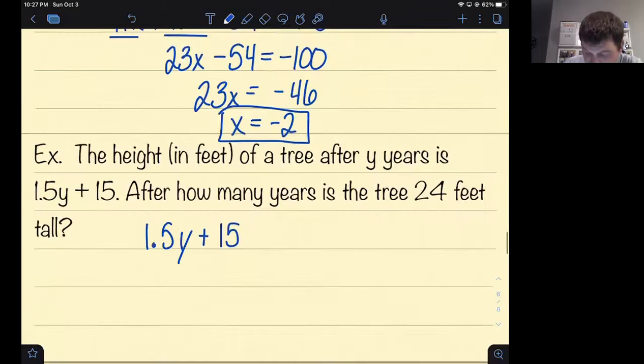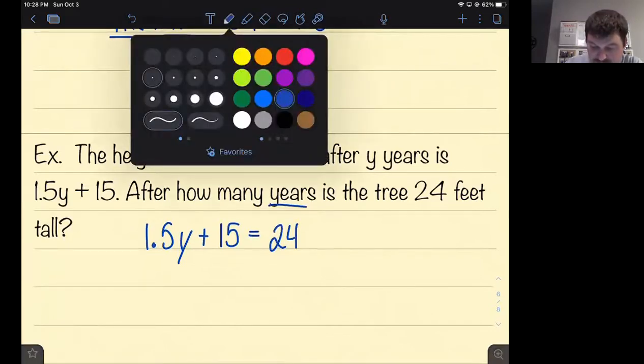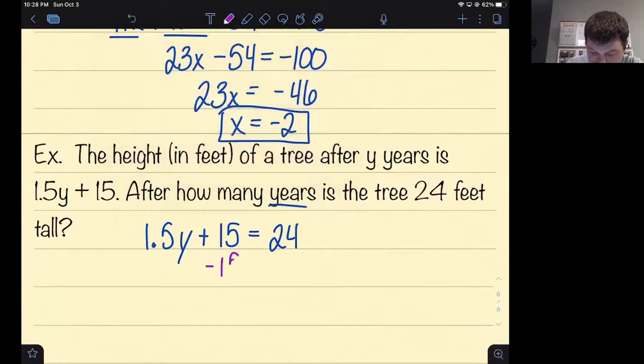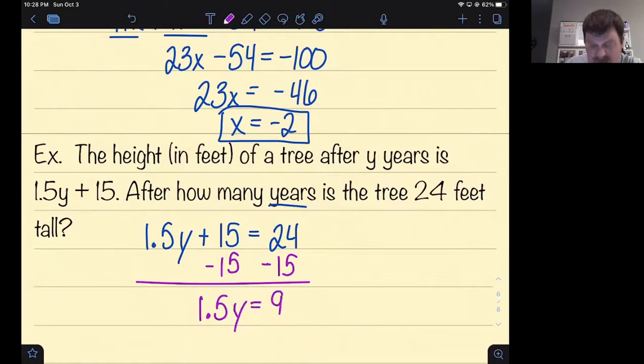And altogether, it wants to know how many years, not how many feet, how many years will it take to get to 24 feet tall? And so the first thing you would do is subtract the 15 feet you started with, because if the tree was already 15 feet tall to start with, that means you only need it to grow 9 more feet.